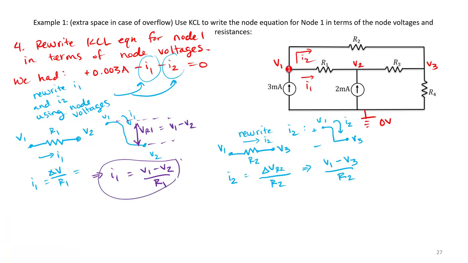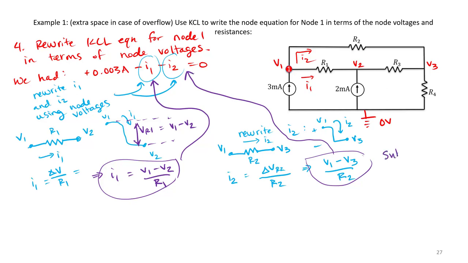Here's where the magic happens. We can substitute the I1 and I2 equations into Kirchhoff's current law to get the node equation.